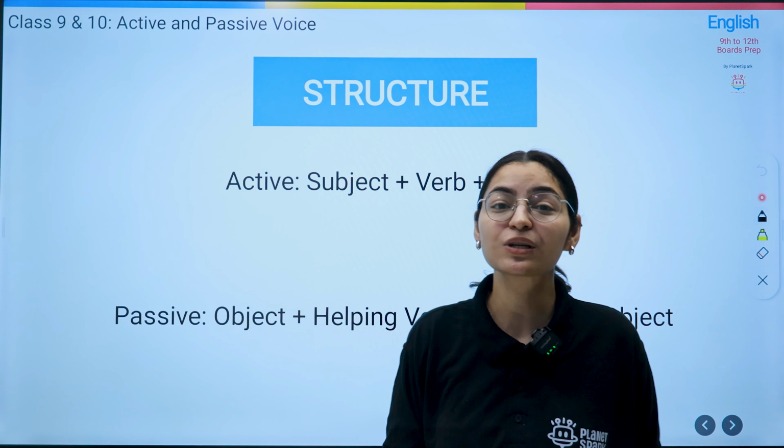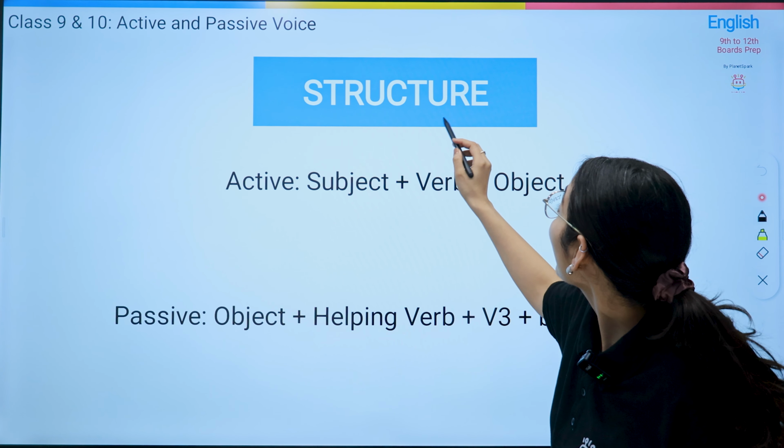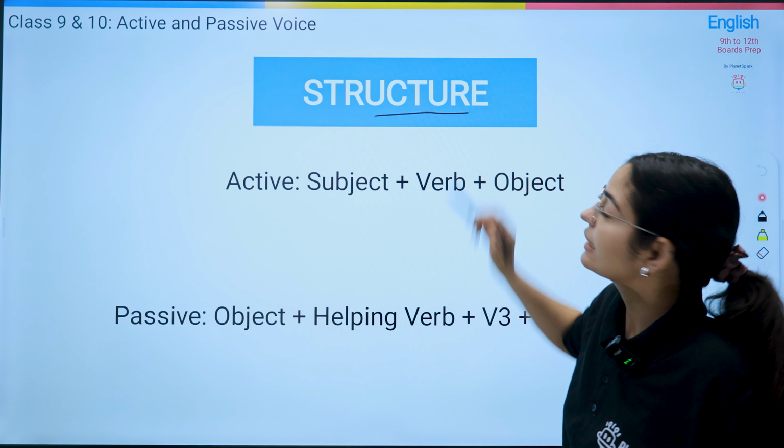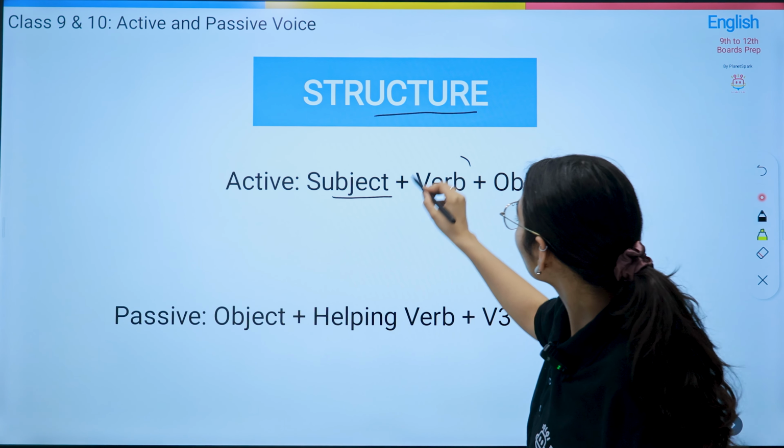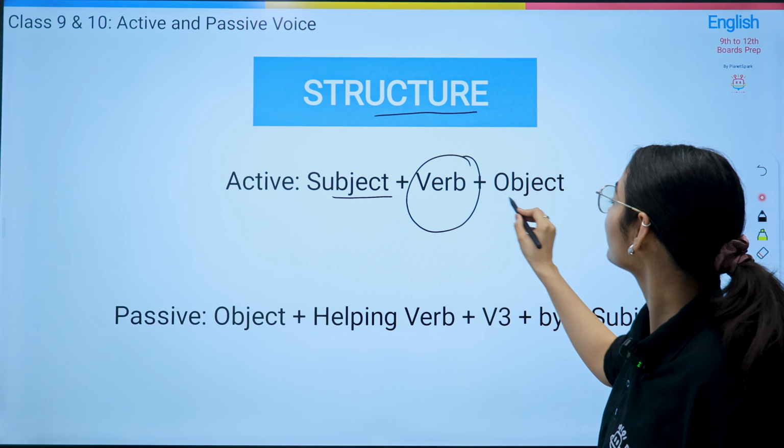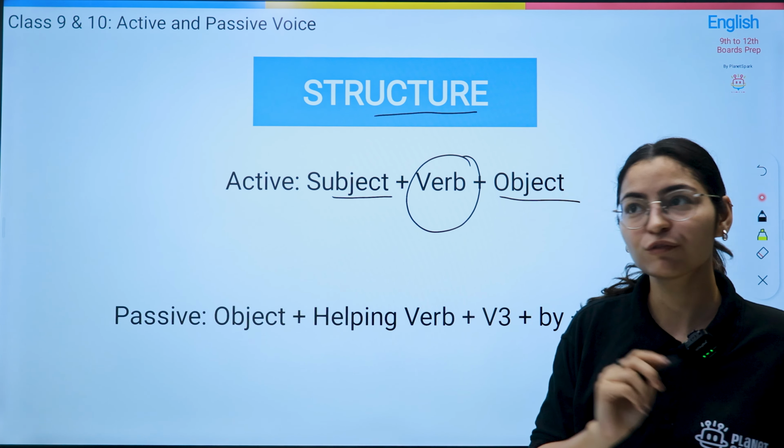Now let's talk about the structure for active and passive voice. In active voice, the subject comes first, followed by the verb and then the object. For example, I threw the ball.